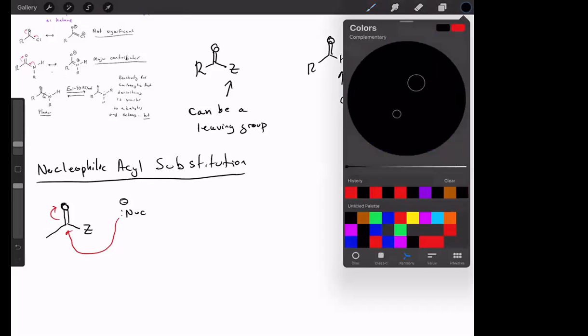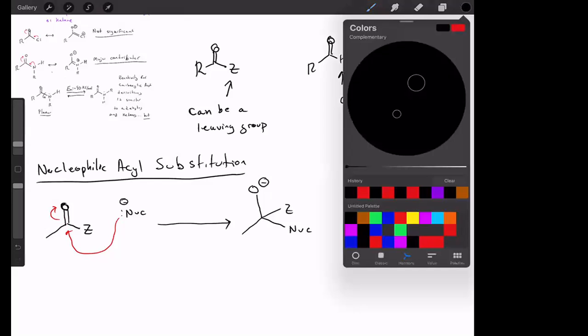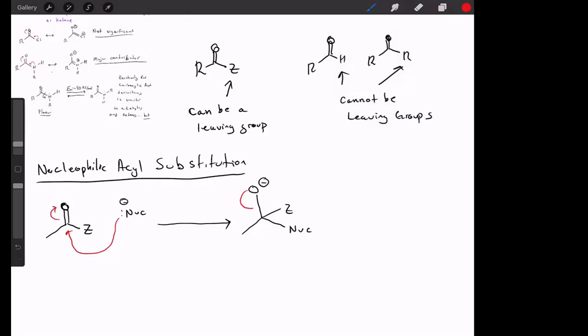It can be neutral as well. Now we're showing that electronegative heteroatom acting as the leaving group. This wouldn't work with a hydrogen or an alkyl group.